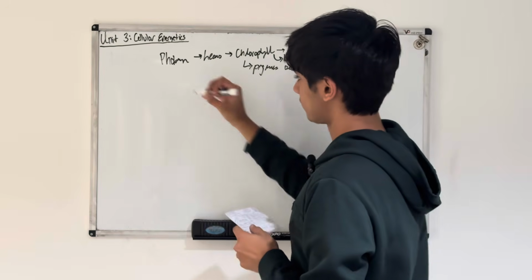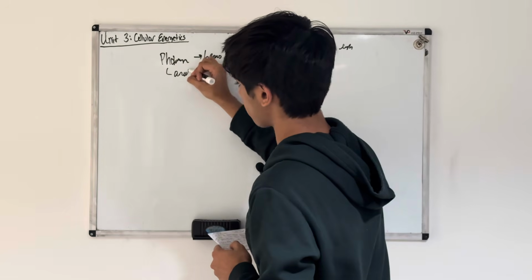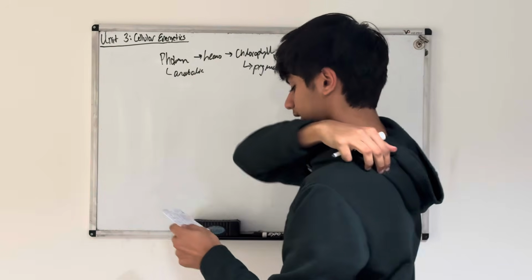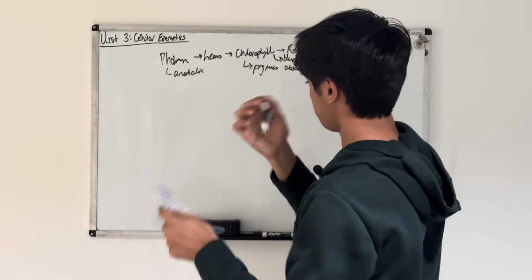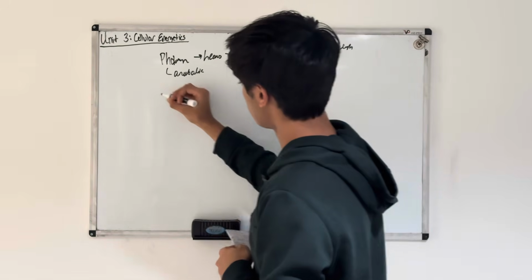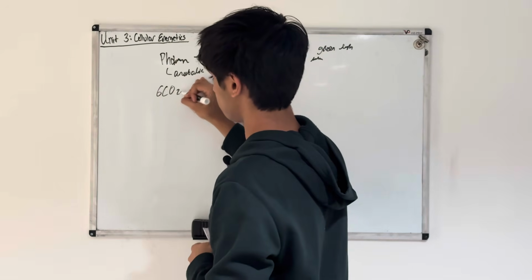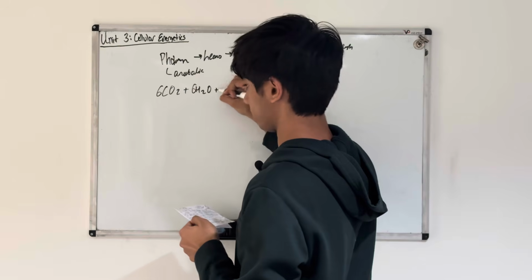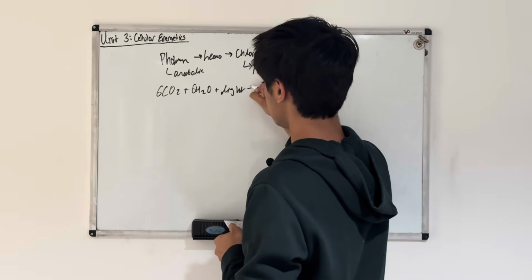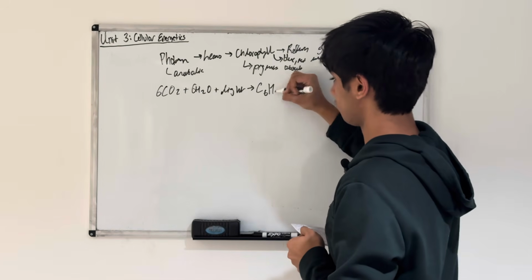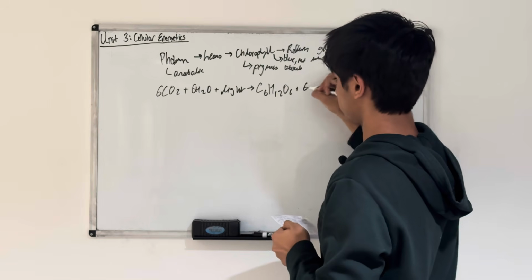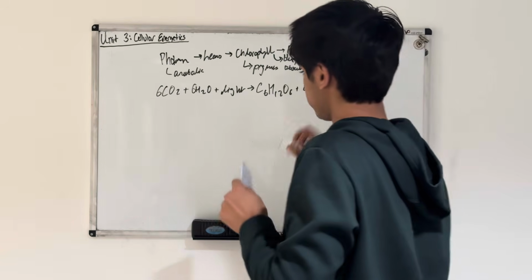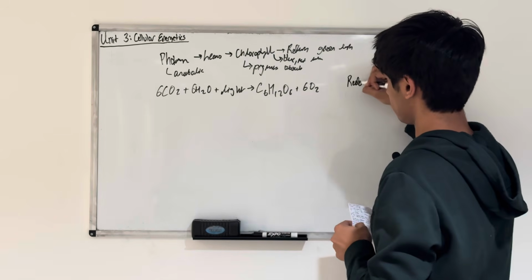And photosynthesis is an anabolic pathway. And the formula for photosynthesis, which you should probably know, is 6CO2 plus 6H2O plus obviously light yields glucose, C6H12O6, plus 6O2. So this is a redox reaction, which we can see, right?